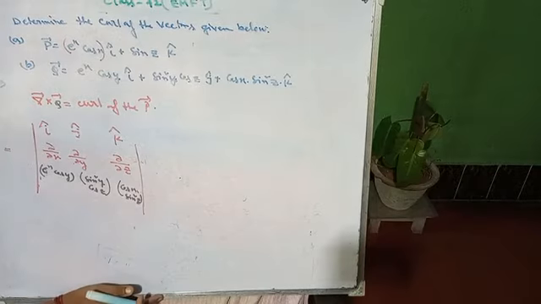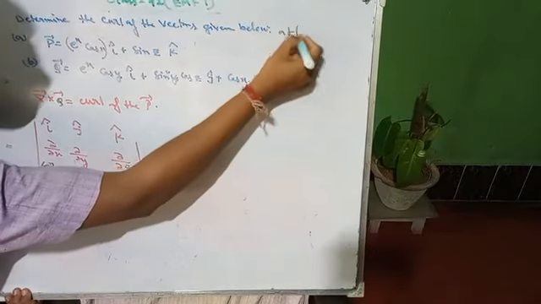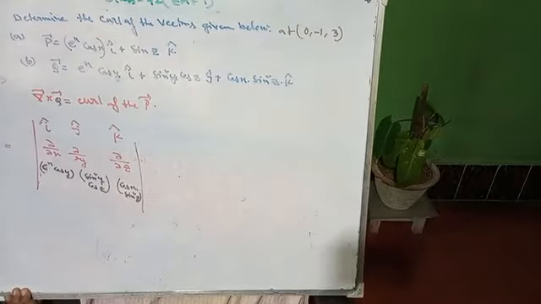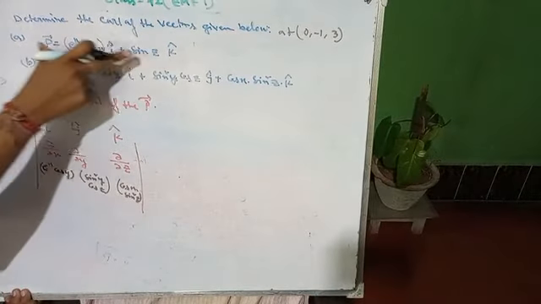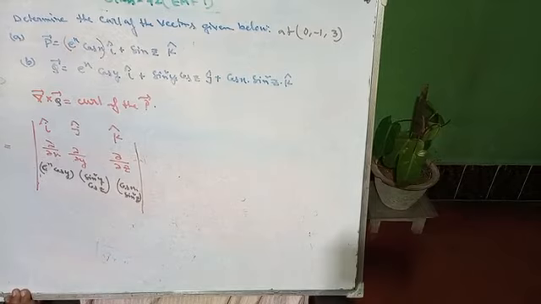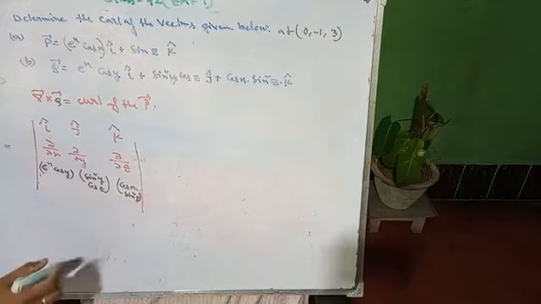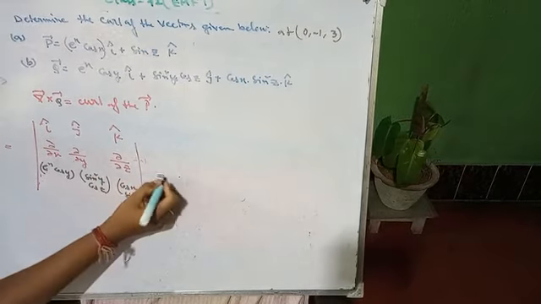At again 0 comma minus 1 comma 3, find the result. For this case, all the components of the curl will be 0, so if we put the value again it remains 0. No change will take place.